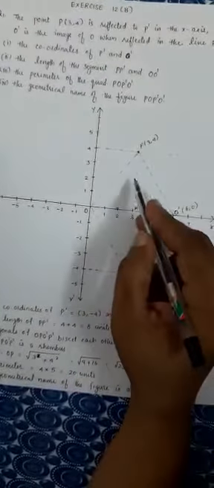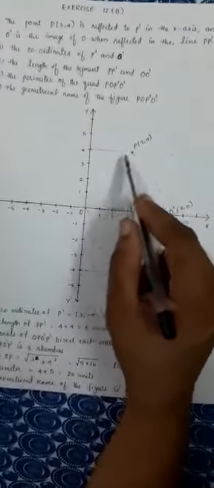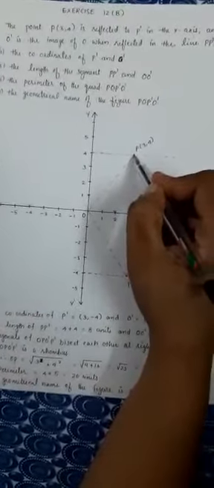Here first the point P(3, 4). First we have to plot the point (3, 4). P(3, 4) means 3 is on the x-axis and 4 is on the y-axis. This point P(3, 4) is reflected to P' in the x-axis.